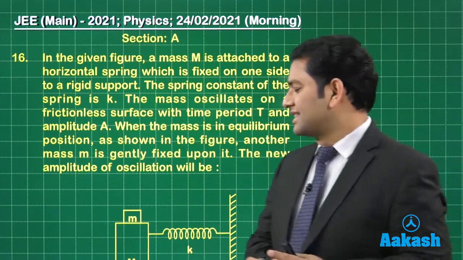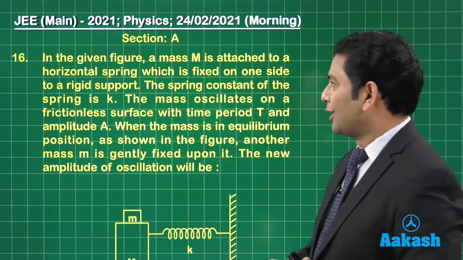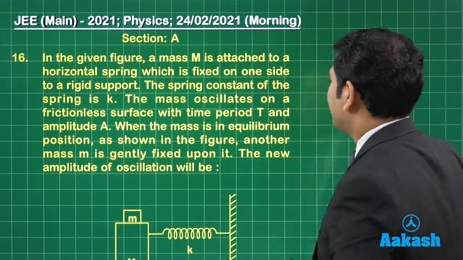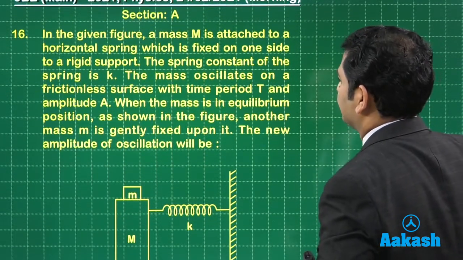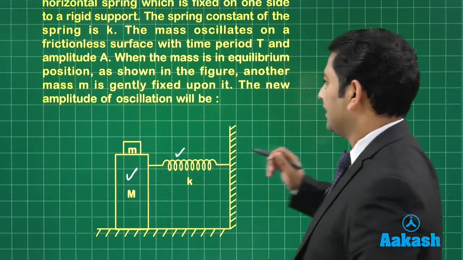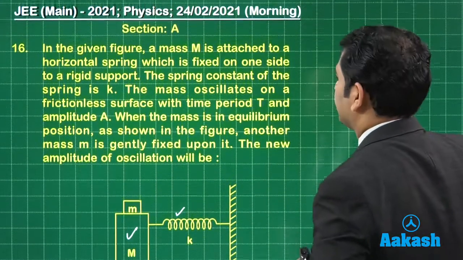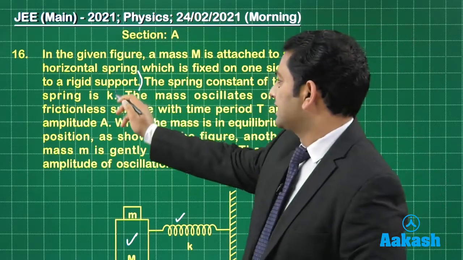What does question number 16 say? A little bit of idea about simple harmonic motion. In the given figure, a mass capital M is attached to a horizontal spring. So here it is, the capital M, the spring. That has been said by the first statement. The spring constant of the spring is K, cool.